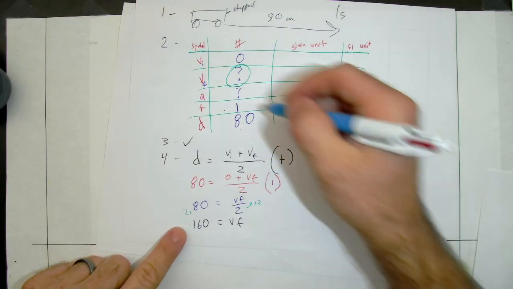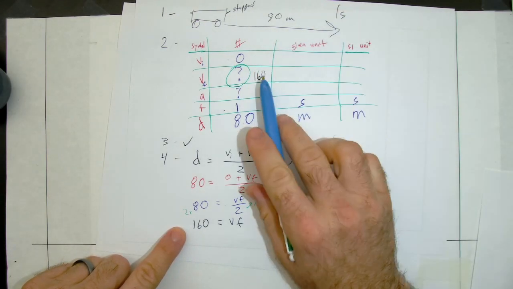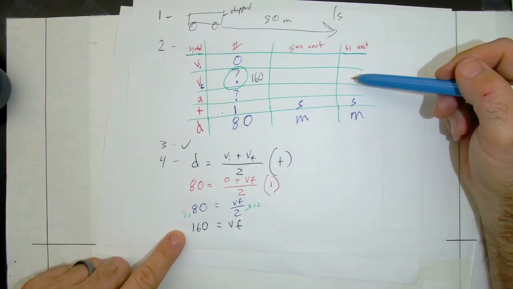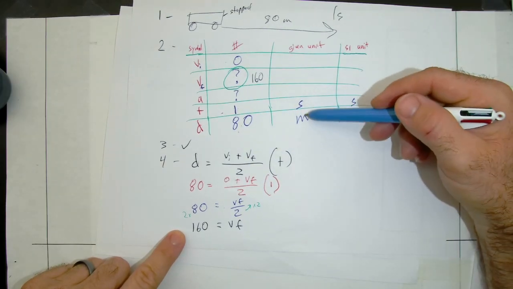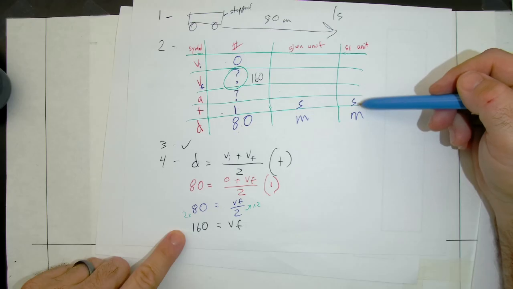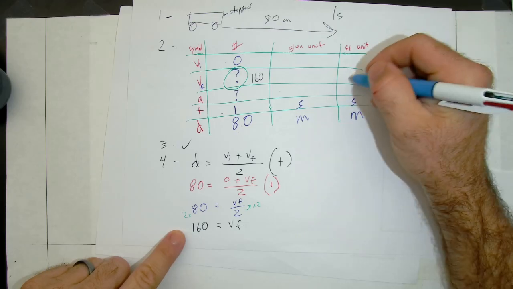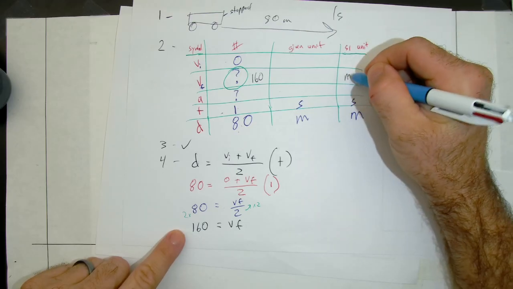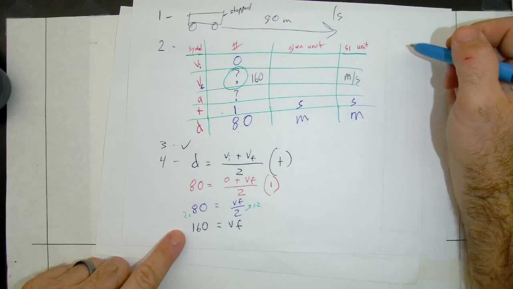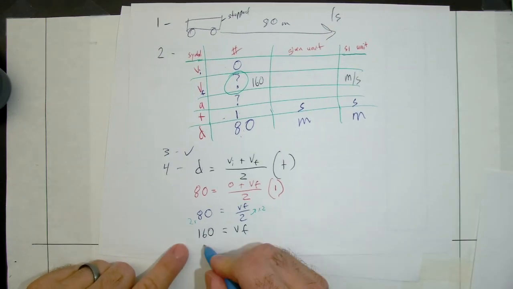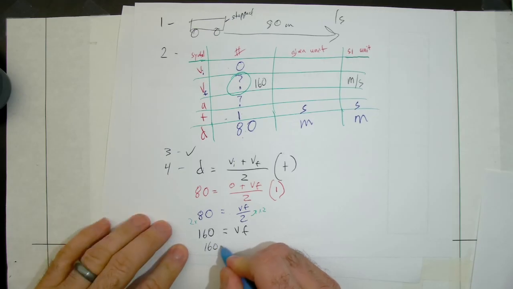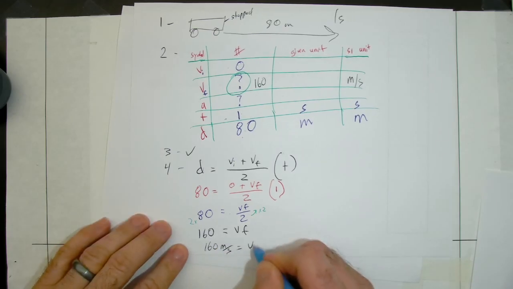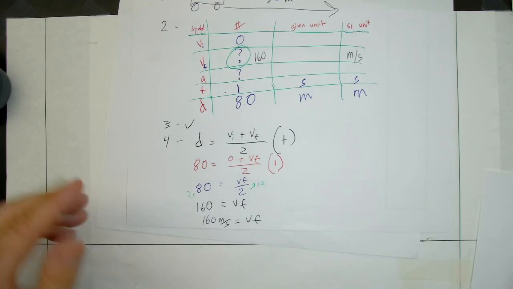We can put that up here. And then we need to think, did we start out with SI units? Seconds and meters. This was seconds and meters, yeah. So what's our SI unit for velocity final? That would be meters per second. And so in fact, we could say 160 meters per second equals velocity final.